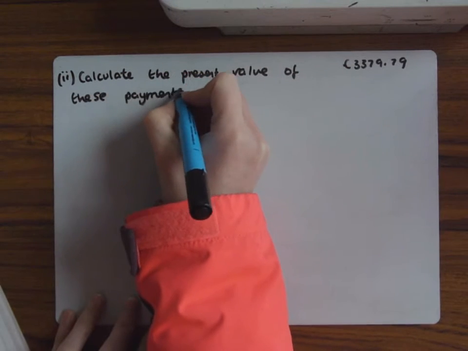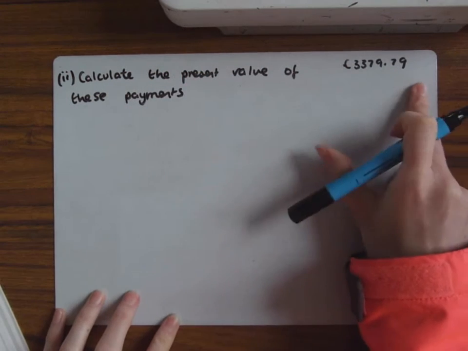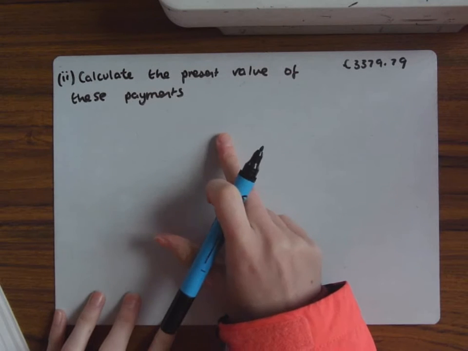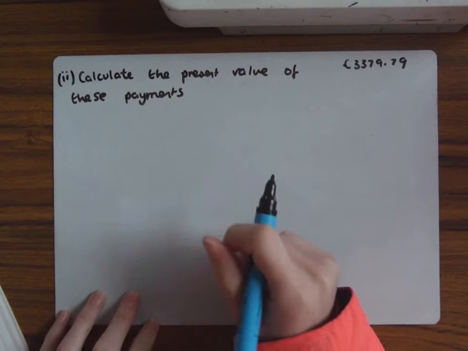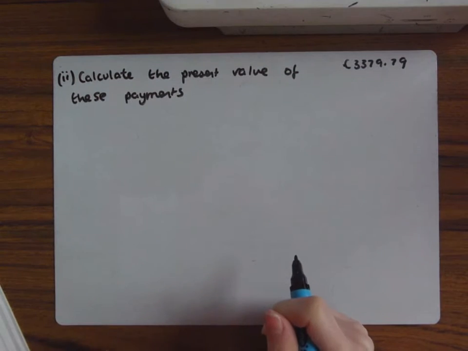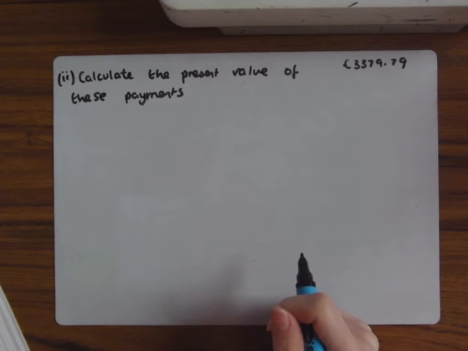That's not the present value of the final amount. It's the present value of each of these payments. I know I'm saving 600 at the start of each year. What is the present value of each of those 600s?